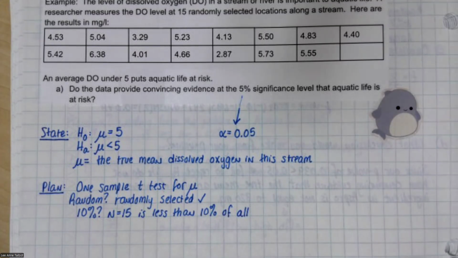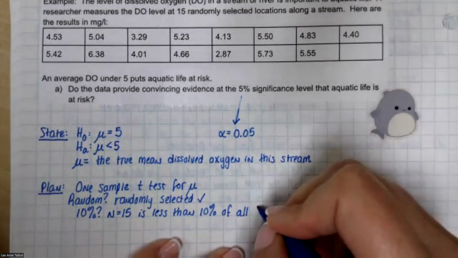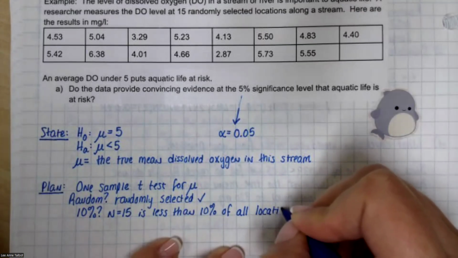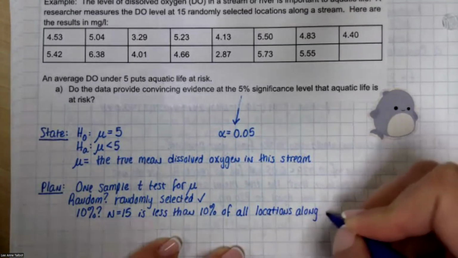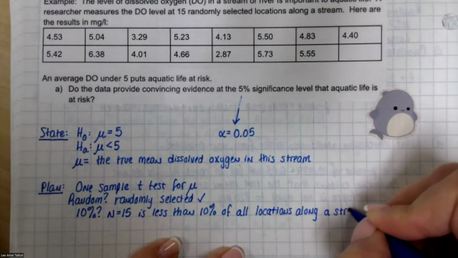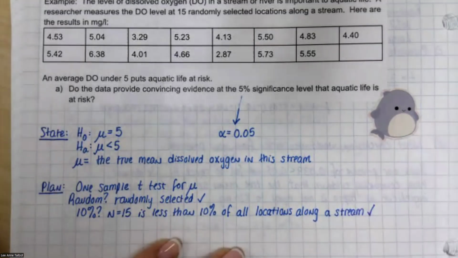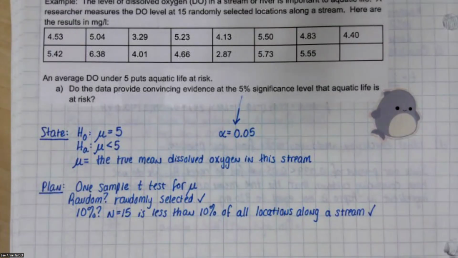Okay, what is my sample of locations along a stream? Great job. I'm sure there could be 150 locations along a stream if it's big enough to have blue whale in it.